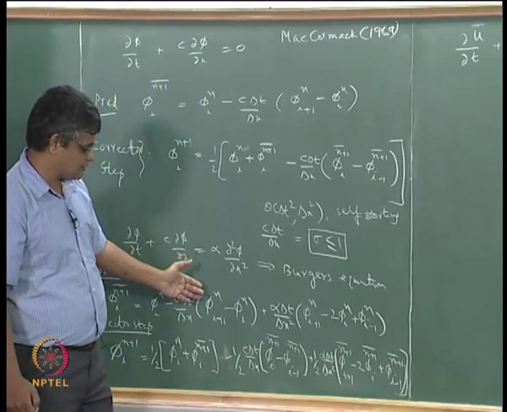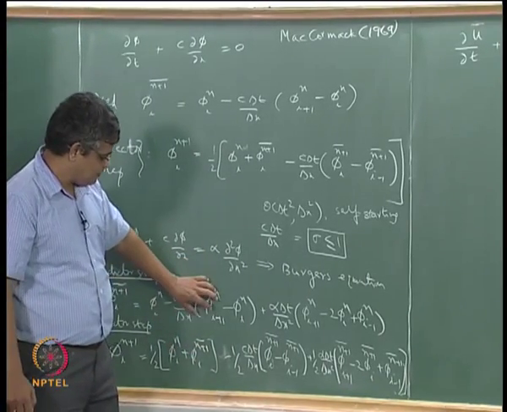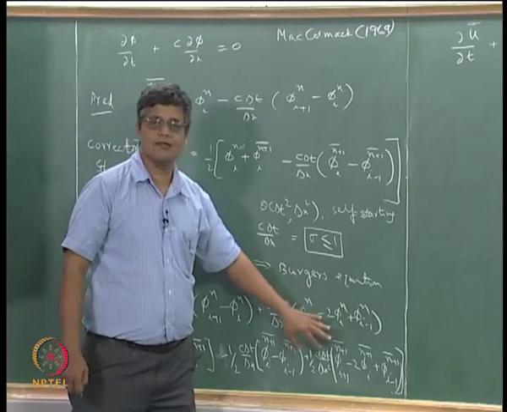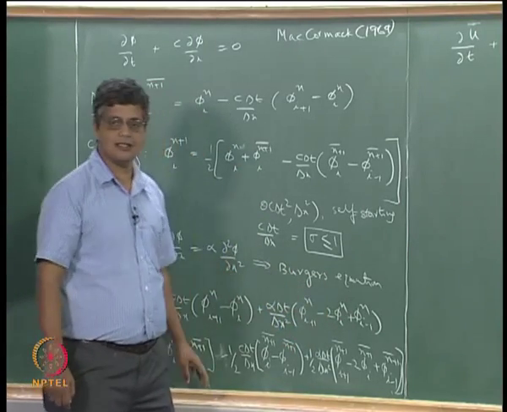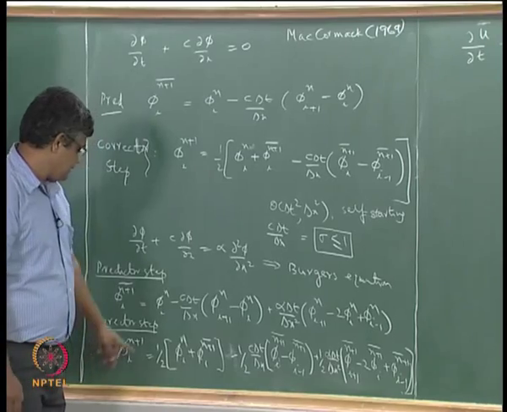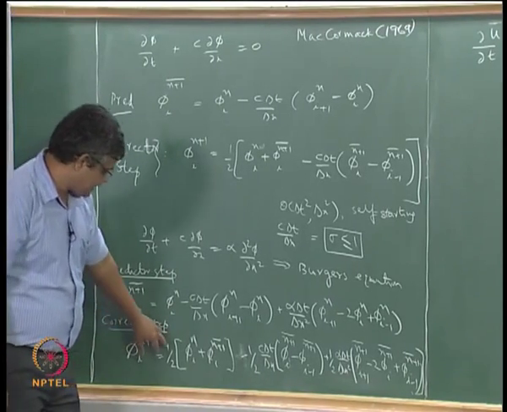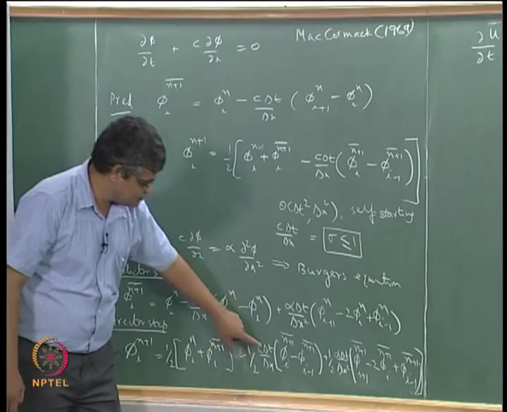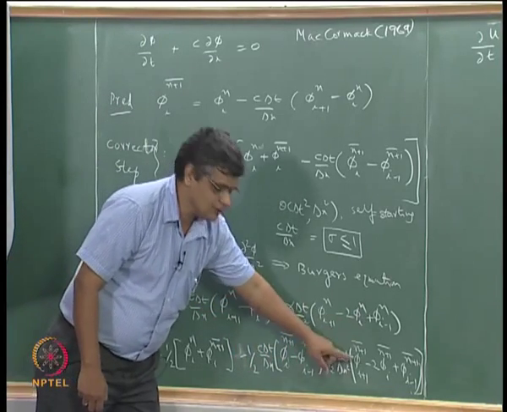That is, the advection terms as a combination of forward and backward, and the diffusion terms using central differencing, making use of the concurrent values, and the corrector step having an average value of this and an average value of the advection term and also an average value of the diffusion term.